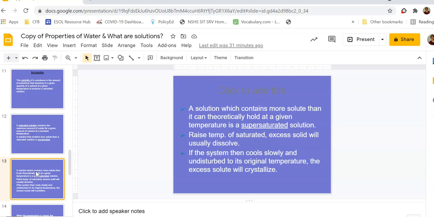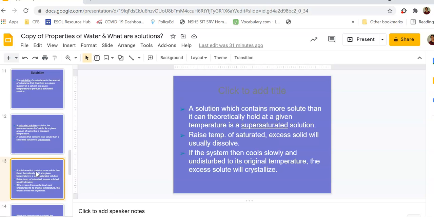So let me go through that again. You take a solute that you're trying to dissolve in a solvent. Solute is the smaller portion, solvent is the bigger. And you put it in a solvent and you dissolve it, right? And you put in the maximum amount. If you put any more, it's coming out of solution. Then what you do is you raise the temperature and you keep adding more and dissolving it. Okay, now at a higher temperature, you've got a saturated solution.